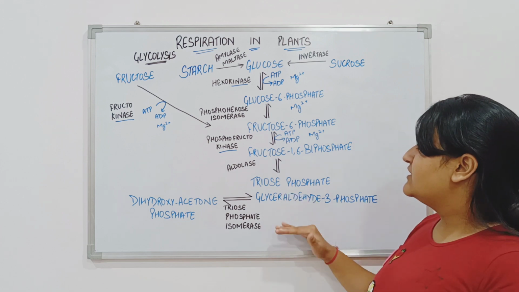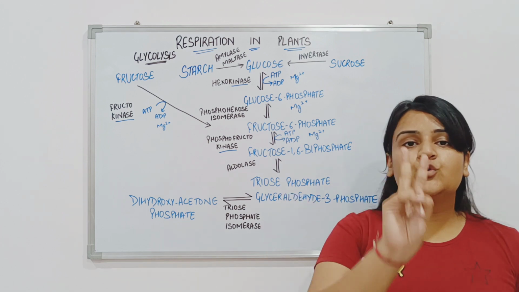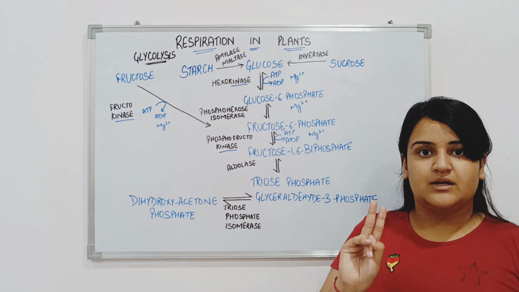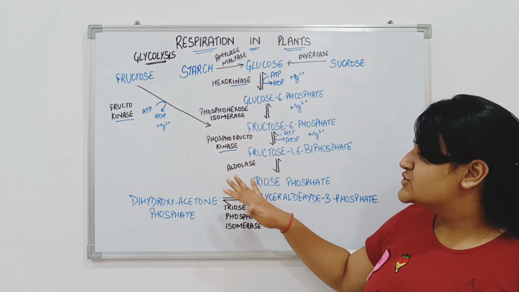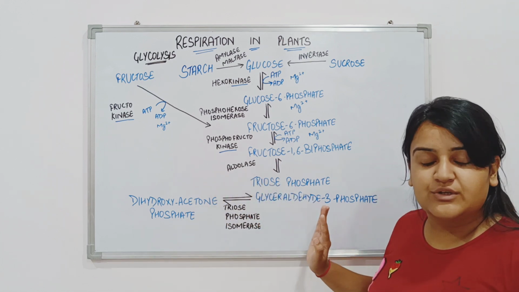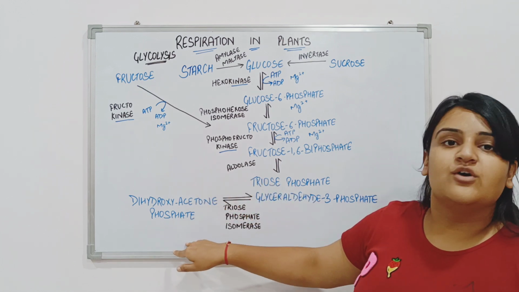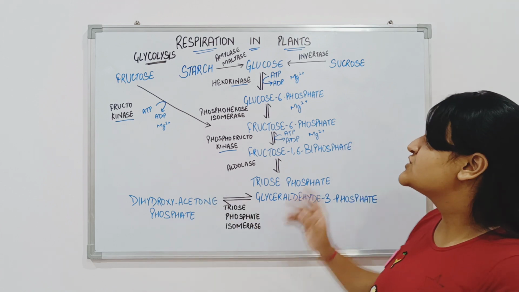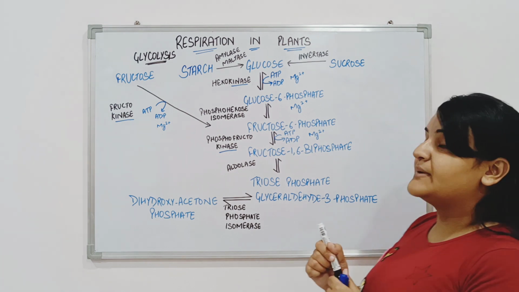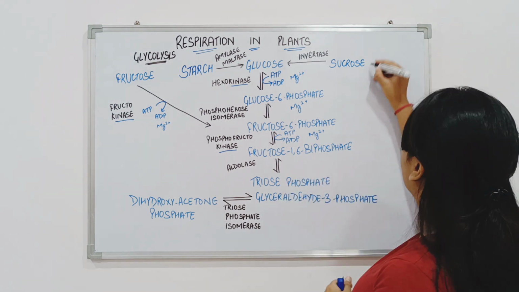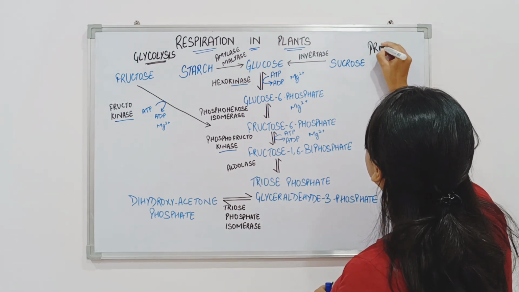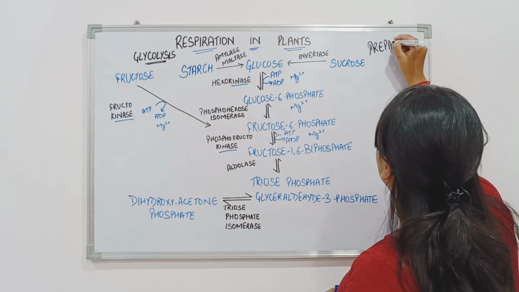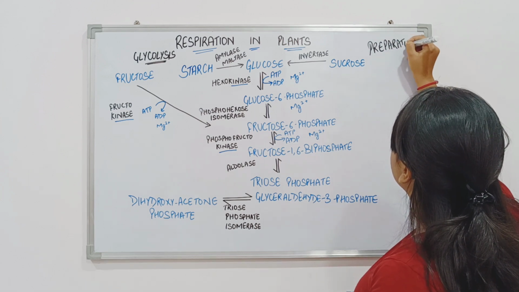Any one of these is formed and two molecules will be formed, and then one of them will convert to the other one. Okay, so this is actually the preparatory phase.